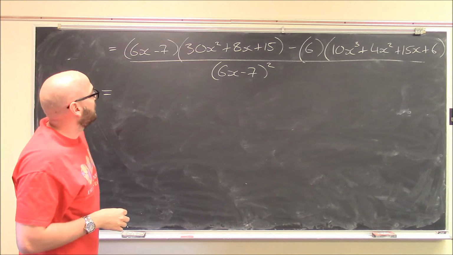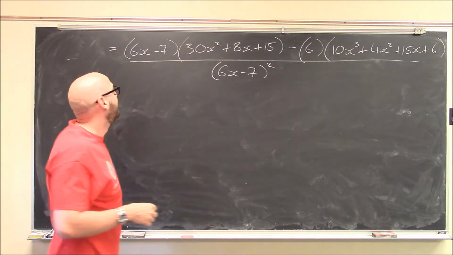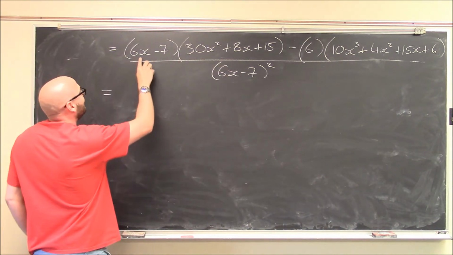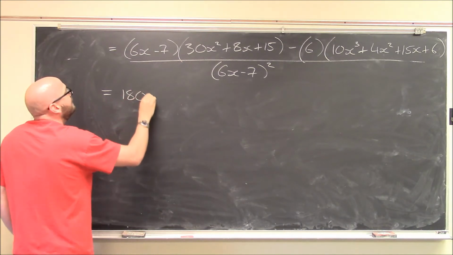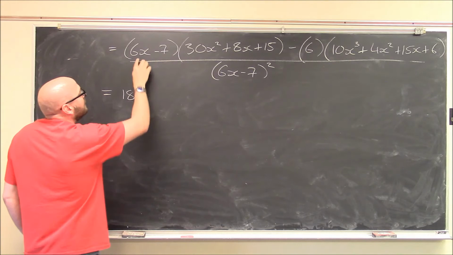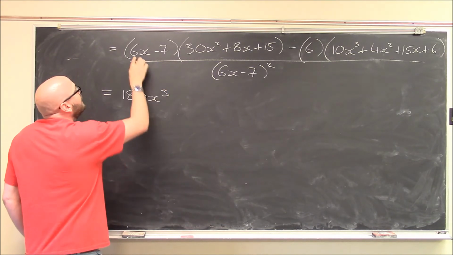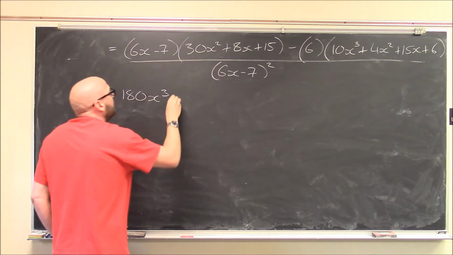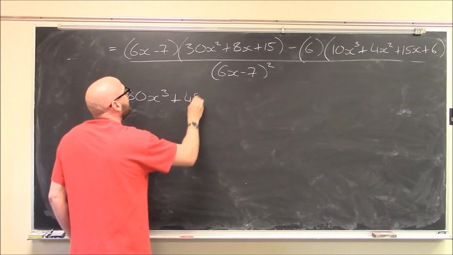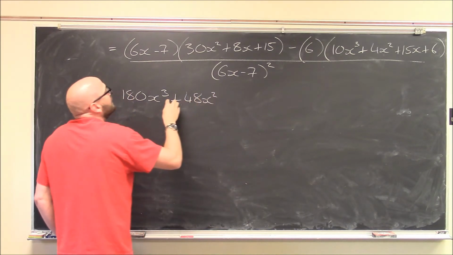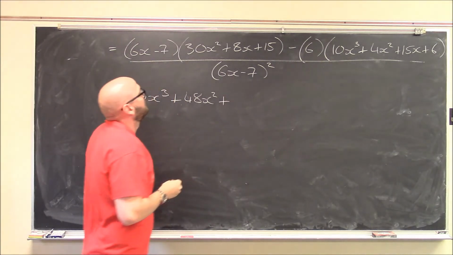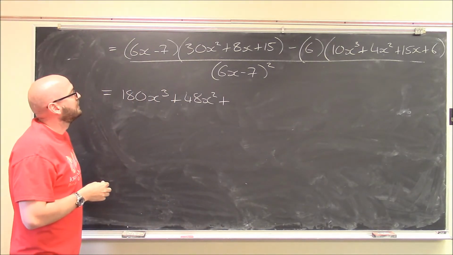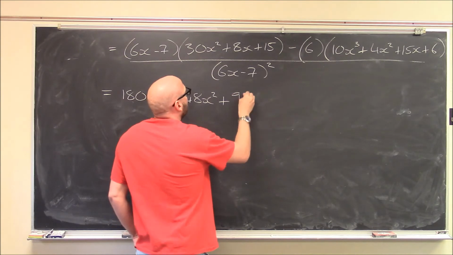Now we want to start expanding all this stuff. And there's a lot that goes into this, so let's see what we can do. 6 times 30 is 180. Is that right? Yeah, 180x cubed. 6x times 8x is plus 48x squared. 6x times 15 is plus, what is 6 times 15? 90x.